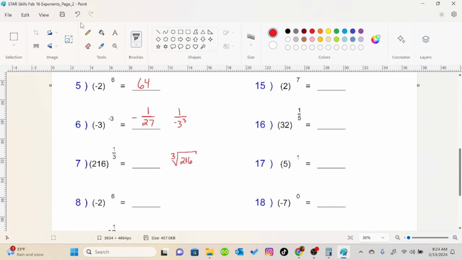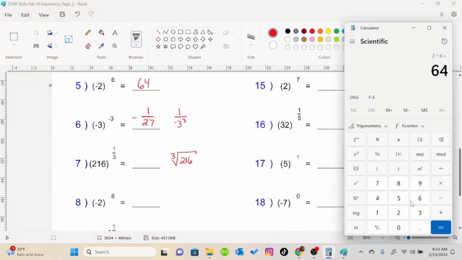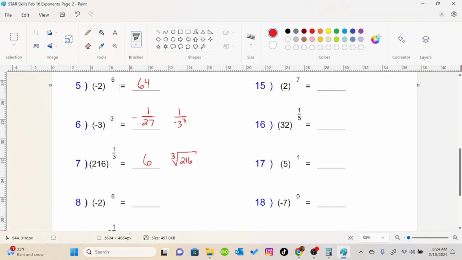Now we need a number that if you multiply it by itself 3 times, you get 216. If I do 6 to the power of 3, I get 216. Therefore, the cube root of 216 is 6.